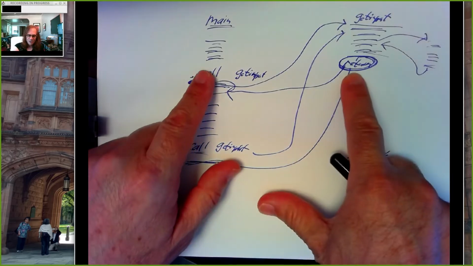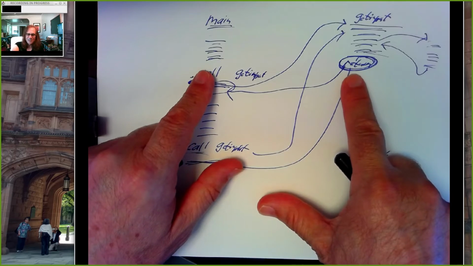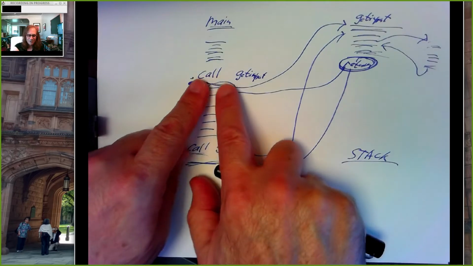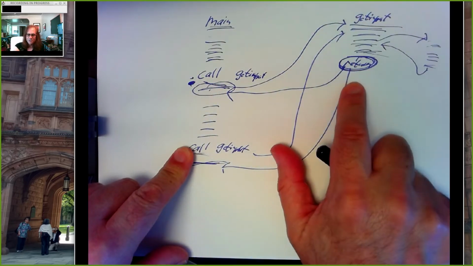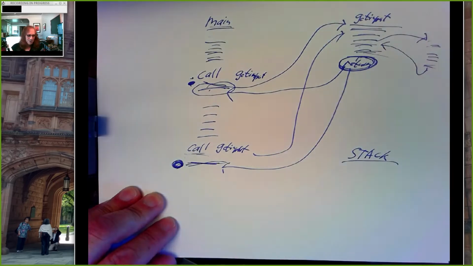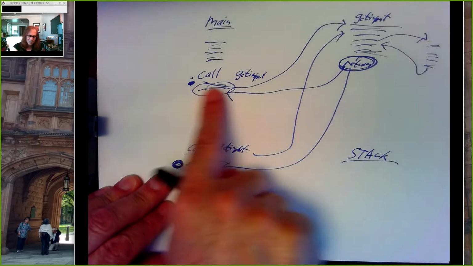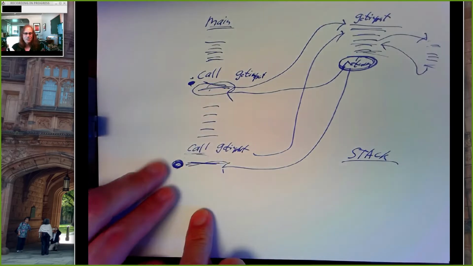If I say go to some address, then I'll go to that address, but that's always the address I'm going to go to when I get input. So if I call get input here or here with a goto, it's always going to return to the exact same location. And that's going to be a problem in terms of calling this from multiple places and wanting to come back to the place after that call.